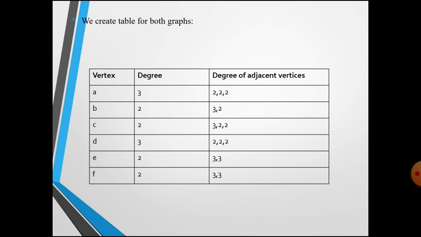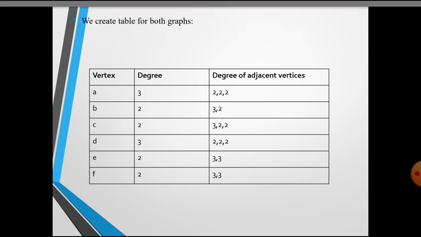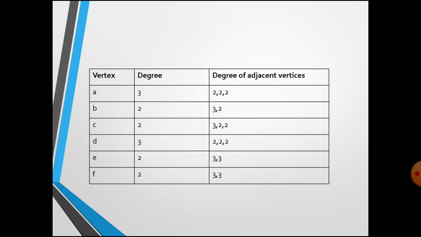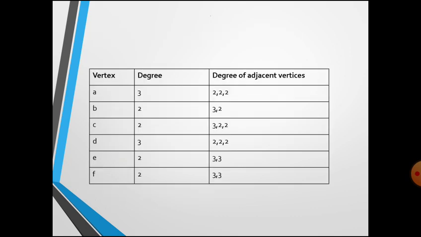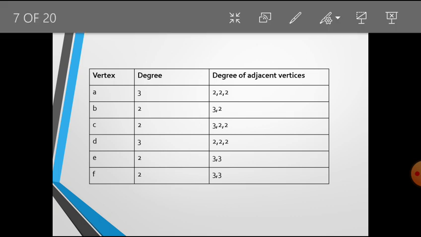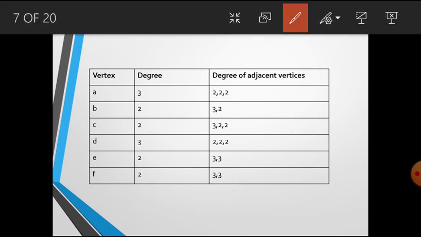Here in the table, vertex C is of degree 2, and its adjacency vertices are B and D, of degrees 3, 2. Okay, here is a mistake. The adjacency vertex degrees of C are only 3, 2. It is not 3, 2, 2.